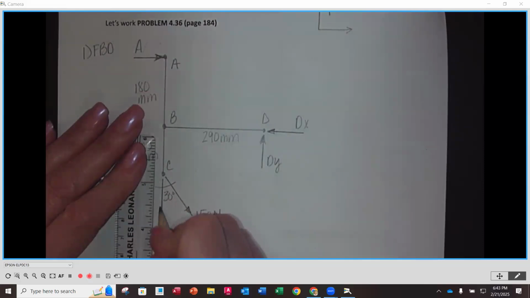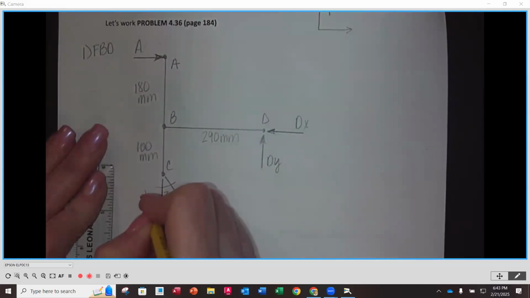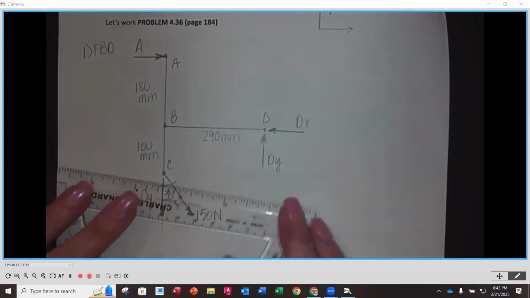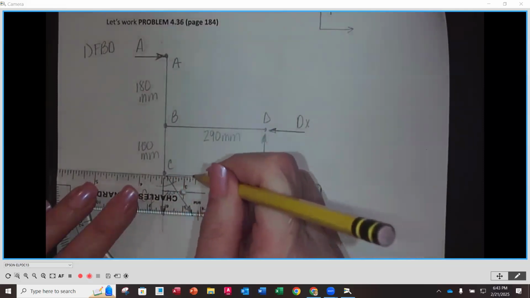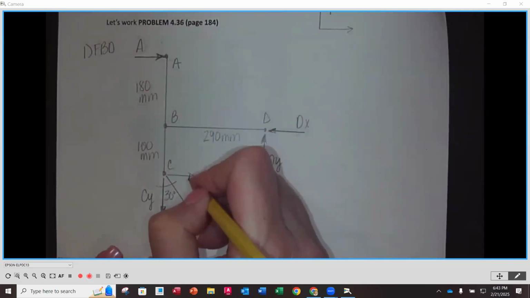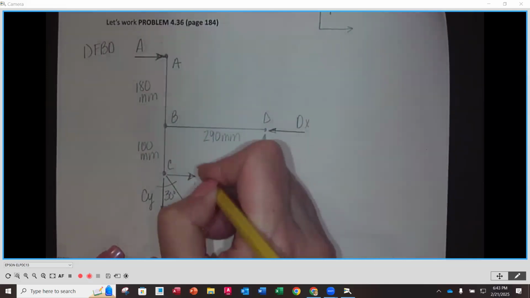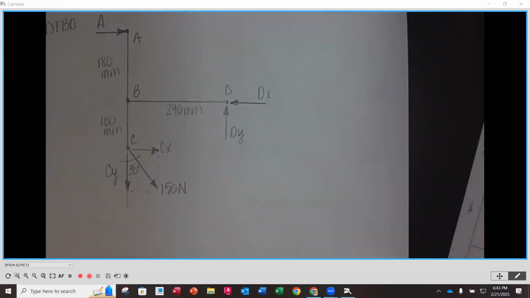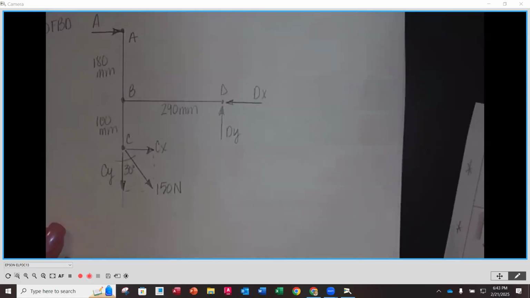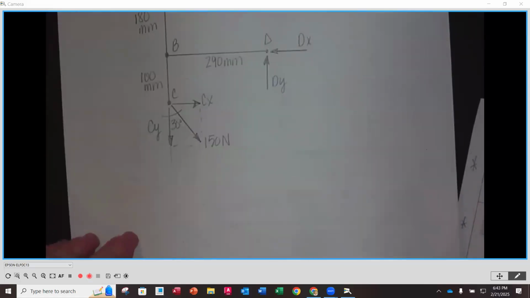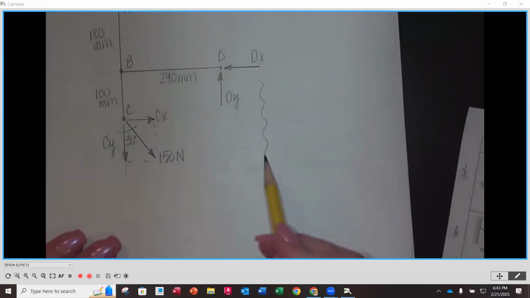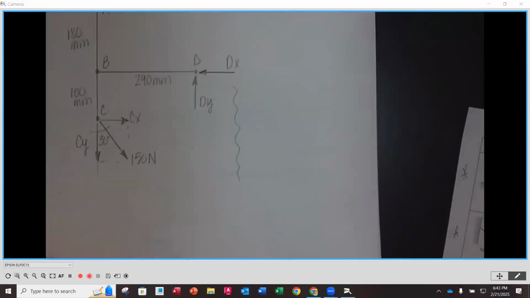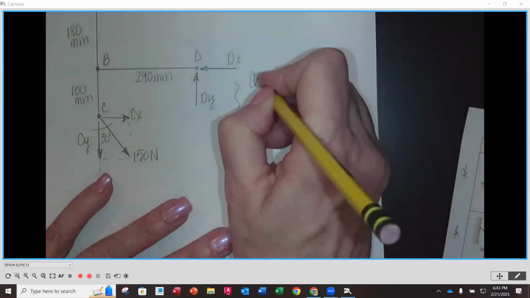We're going to have a Y component, which is my CY, and then an X component, which is our CX. So that means we need to do components. I'm going to scooch them over here because I want to try to get this all on one page if I can, so I'm going to do my components here.